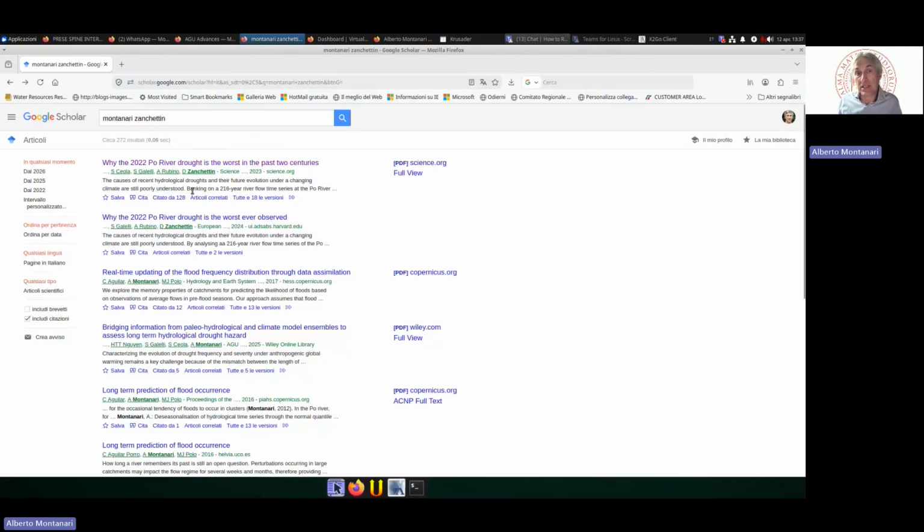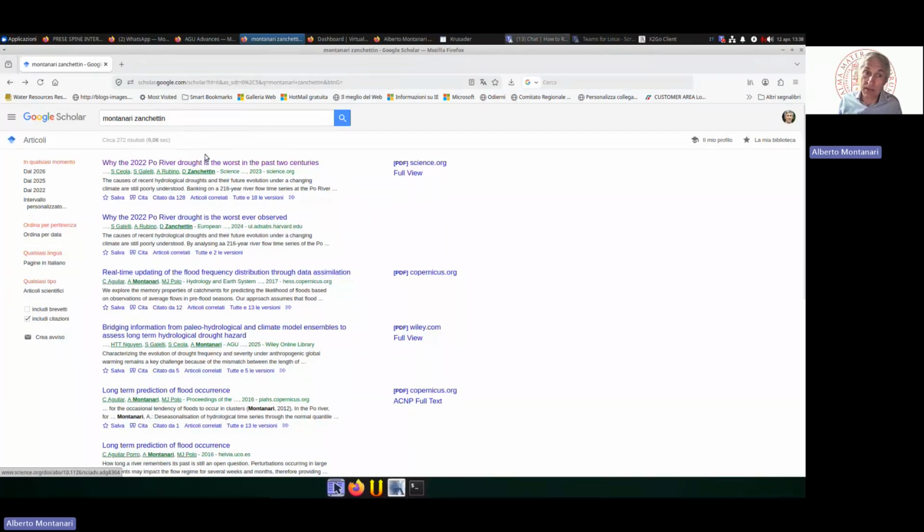Keep in mind that these are the citations collected by Google Scholar. Google Scholar is searching the web with an automatic procedure, so it is getting any type of citation, including those from blogs, including those from any web publication. And therefore, it's a very comprehensive overview. It doesn't, for instance, select only citations from scientific papers.